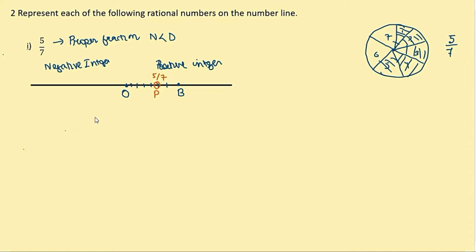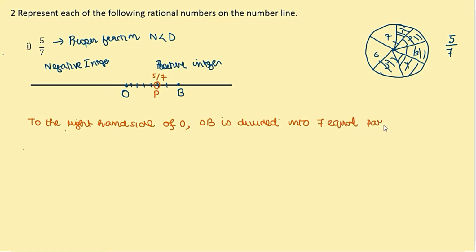So how are you to write it? So to the right hand side of 0, OB is divided into 7 equal parts, okay, and OP equals 5 parts or 5 units.